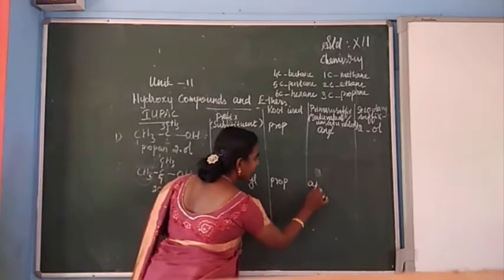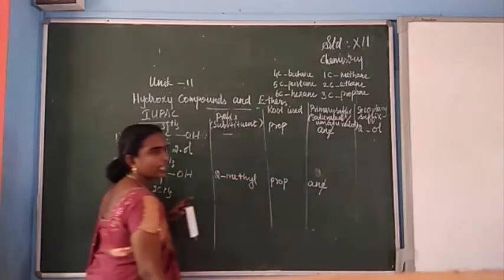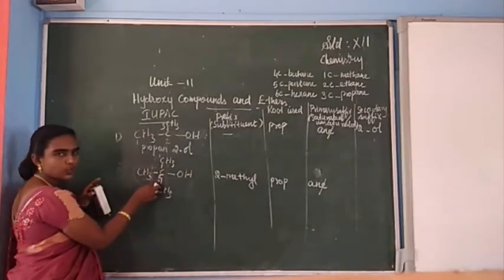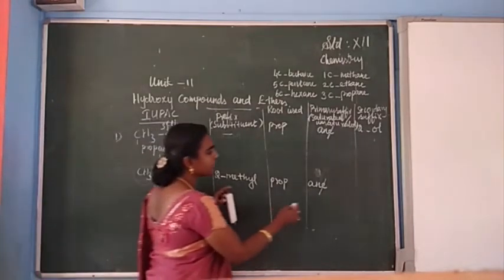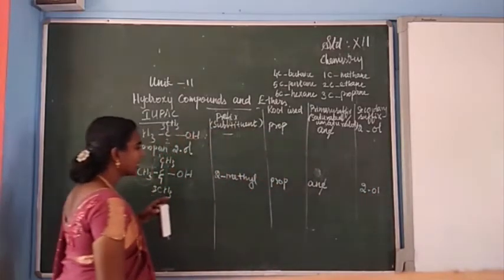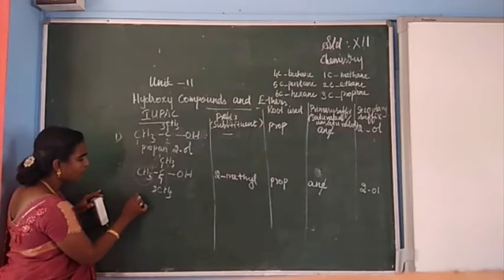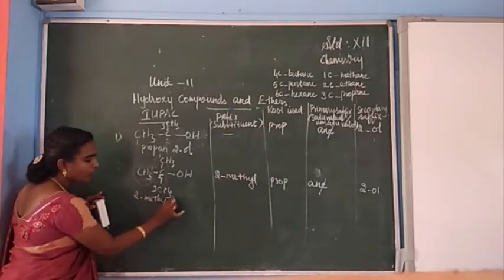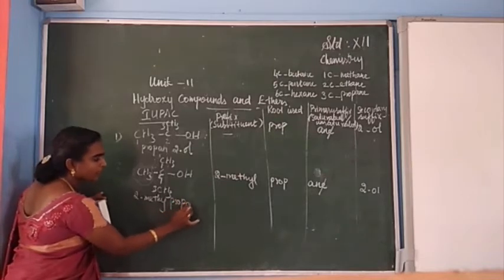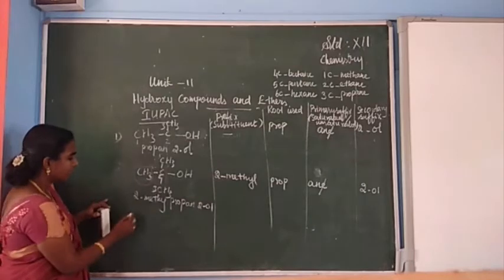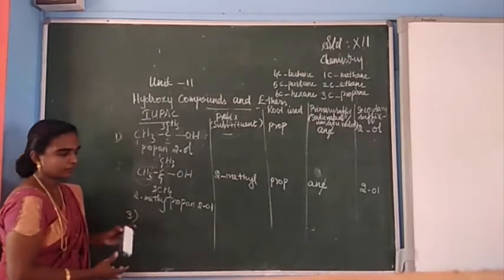So ANE. Next, the functional group is attached to the second carbon. It is 2-ol. We can write the IUPAC name of this compound: 2-methylpropan-2-ol. Is it clear, students? Next compound we can see.